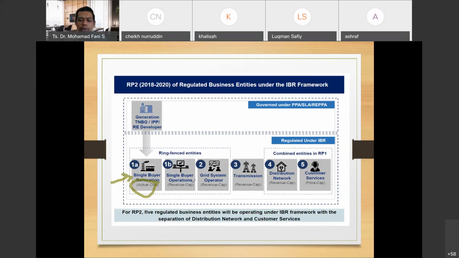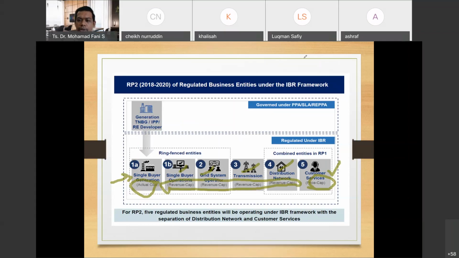But for the SBO, GSO, transmission and distribution network, they use the revenue cap. That's the specific calculation for the revenue here, and the price cap depends on the selling of the electricity to the consumer.